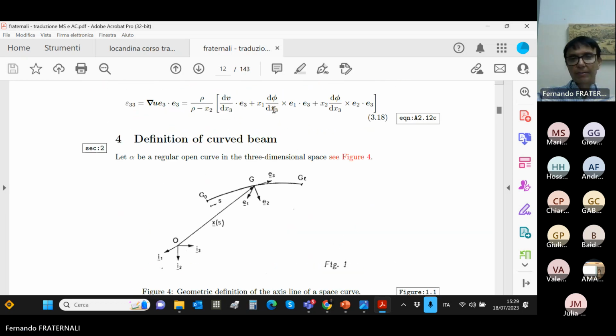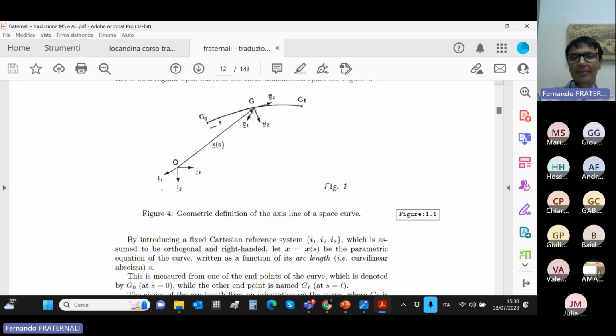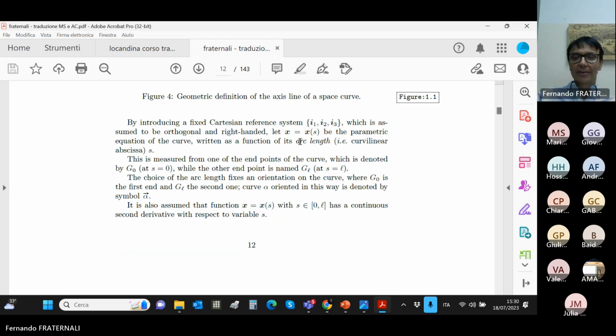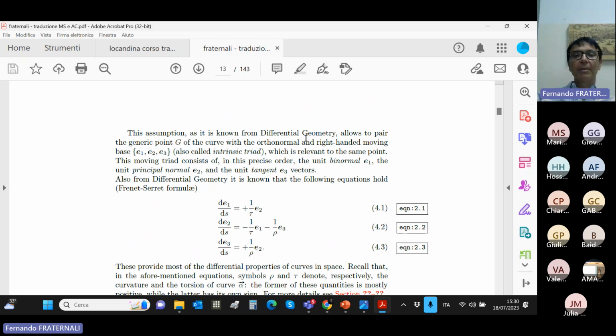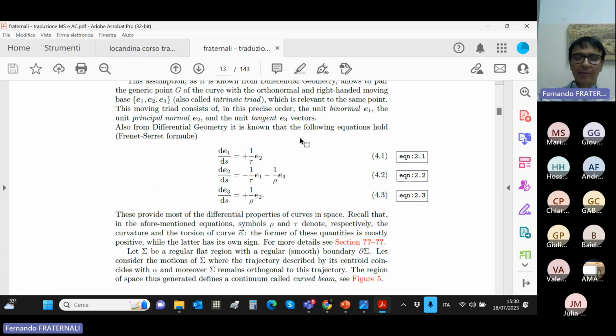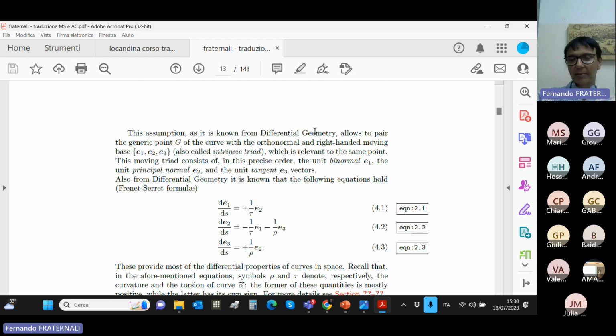So maybe the final expression of this will be placed before the expression of the displacement that we have given before. But we can recall the definition of a curved beam and the main results that have been presented before.